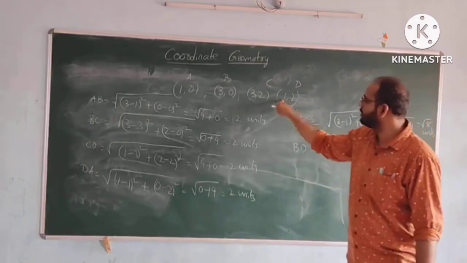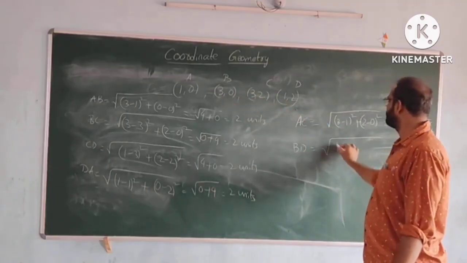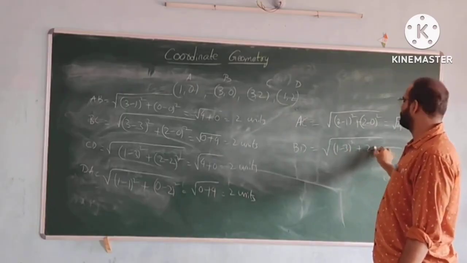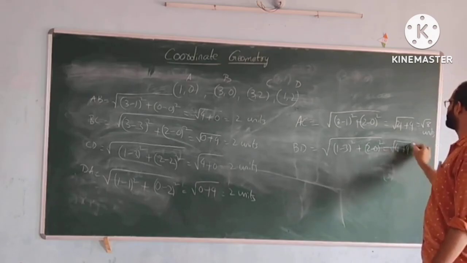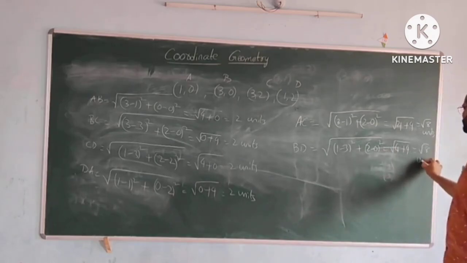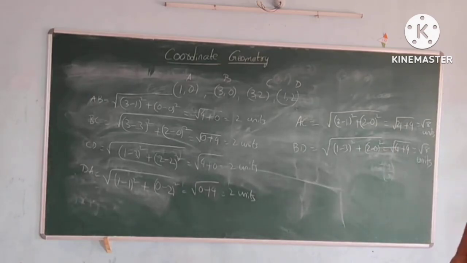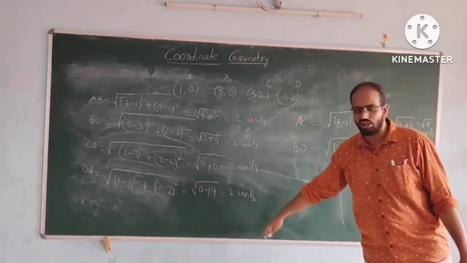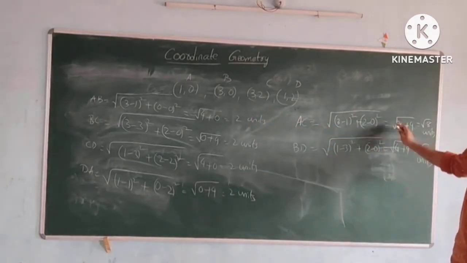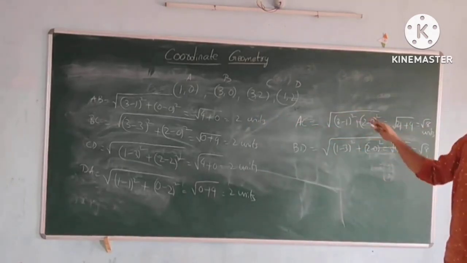Root over 1 minus 3 whole square plus 2 minus 0 whole square. It is again 4 plus 4. We are also getting root 8 units. We got the diagonals the same too. If the four sides are equal to each other and the diagonals are also equal to each other, it means the 4 points will form a square.